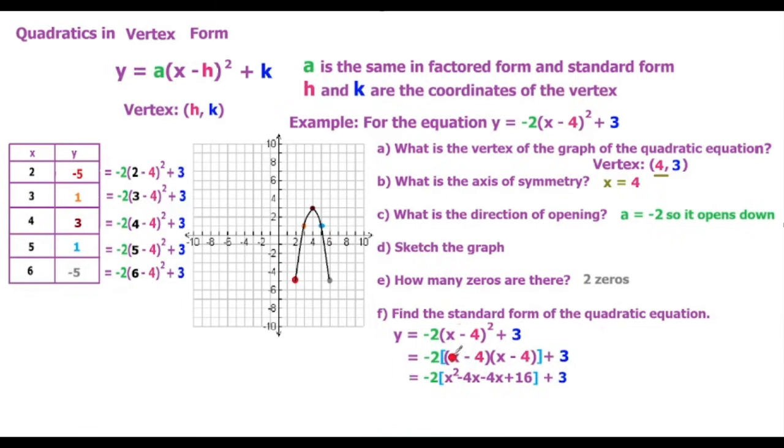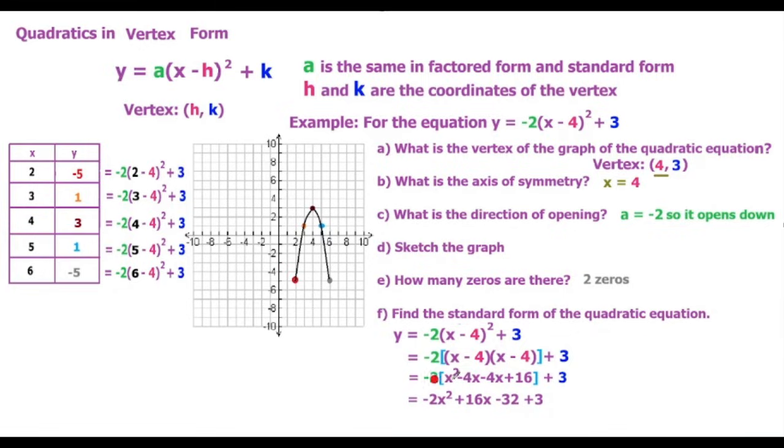So when we multiply into our quadratic, we have 2 binomials here, 2 terms. So we multiply x and x first, it becomes x squared. Then -4 times x is -4x. -4x is -4x. Then multiply -4 times -4, and that is plus 16. And then our plus 3 at the end.